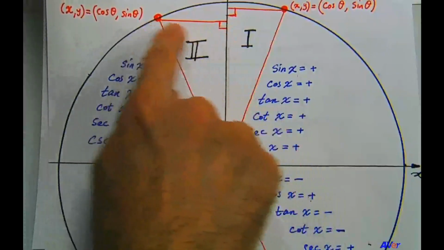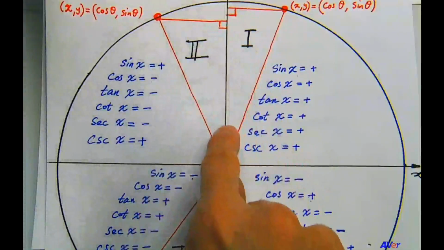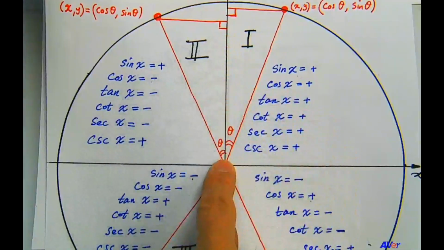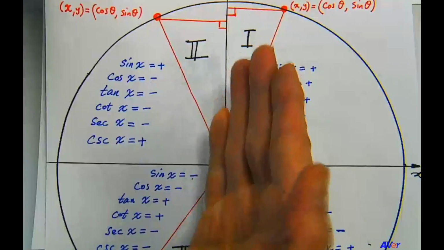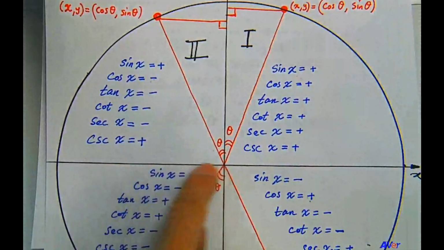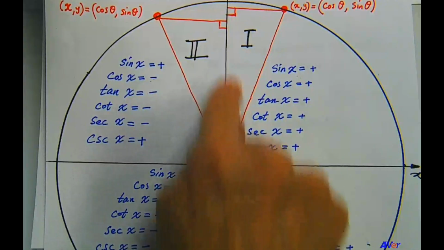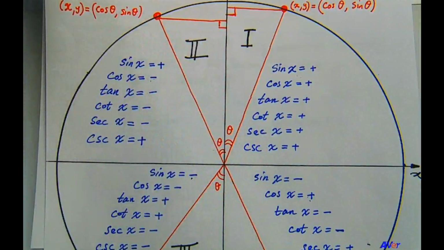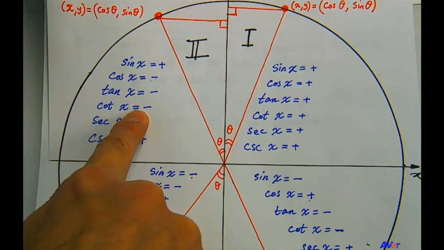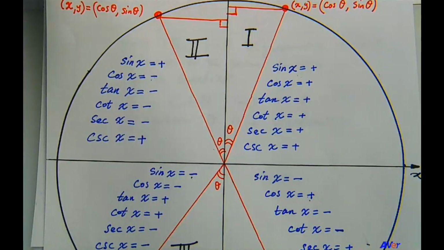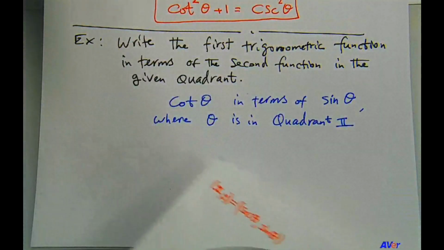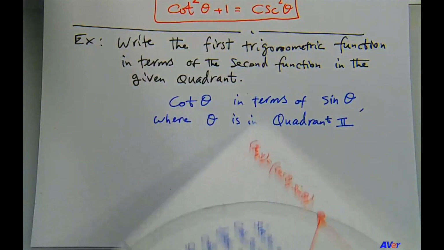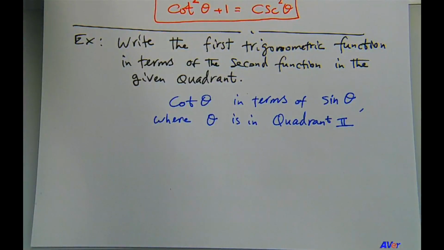So adjacent is positive, that's the positive y-axis. But opposite, that's along the x-axis, on the negative side of the x-axis, so negative. So positive divided by something negative will be negative. Okay? So I just wanted us to get a feel for the algebraic sign of the cotangent before we actually went about answering this question.